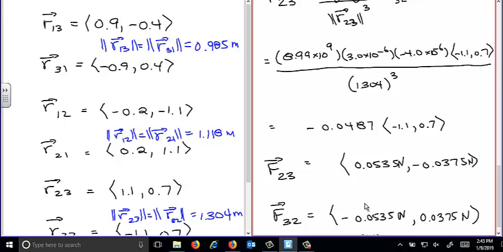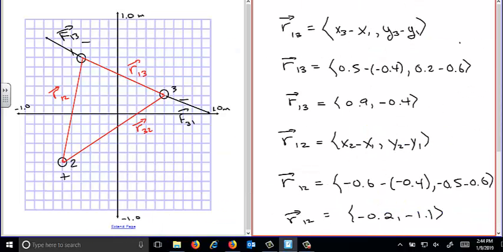F23 is negative, positive. So it goes this way. Actually, it's a little bit flatter because this is bigger than that as far as the magnitude is concerned. So it's going to look something like that. So that's F32. Okay, so let's go to the picture and see if that's what we would expect.